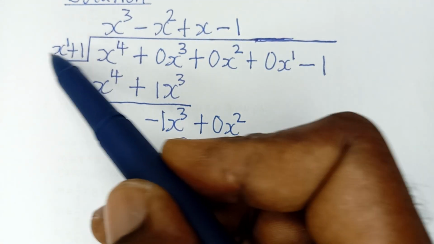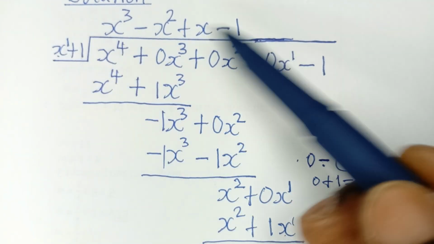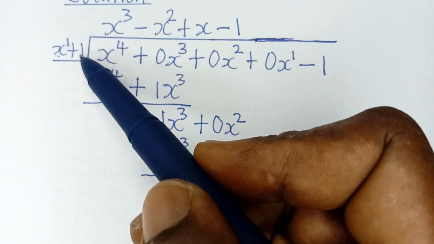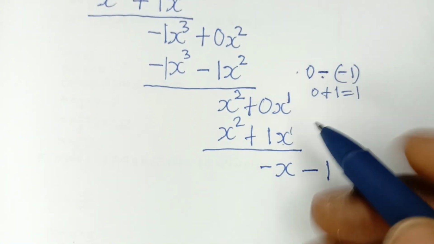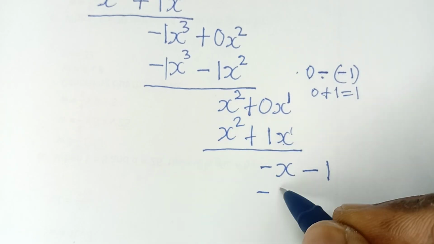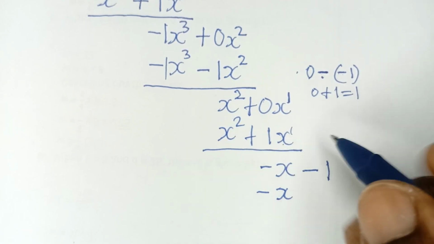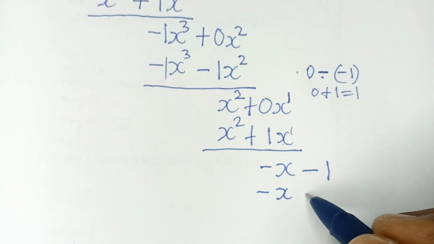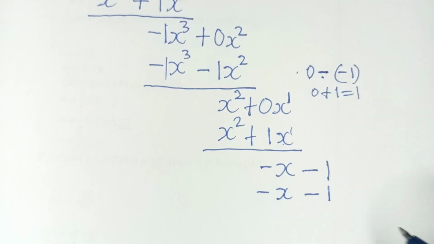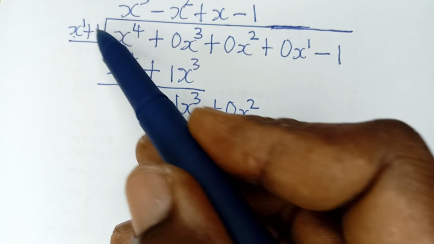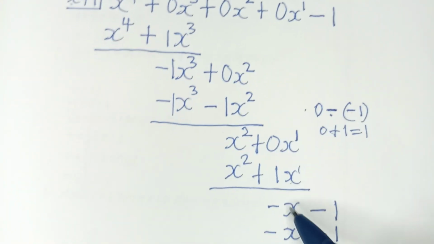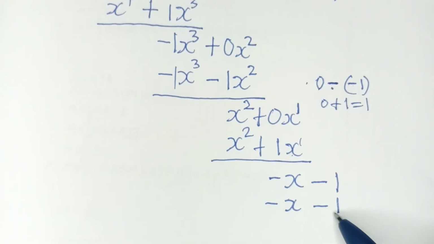It will give me negative x. And then negative 1 multiplied by positive 1 will give me negative 1. So using this negative 1 to multiply these two terms here, that is what has given me negative x minus 1.